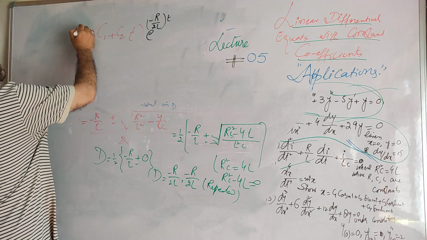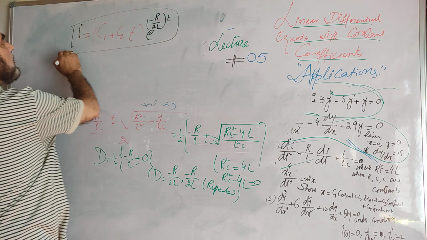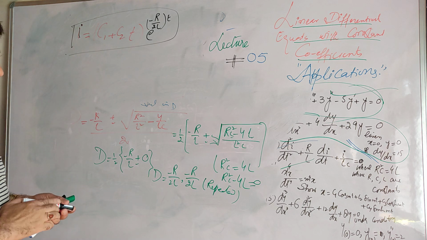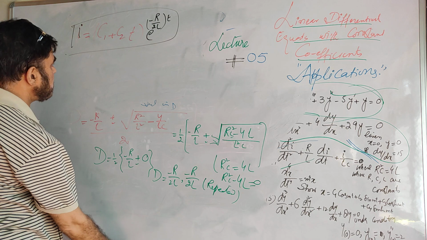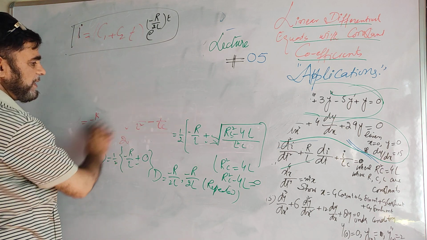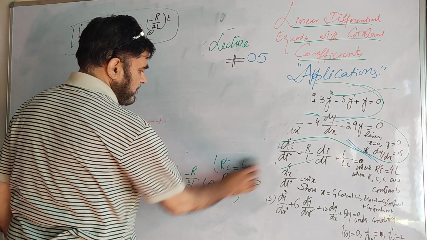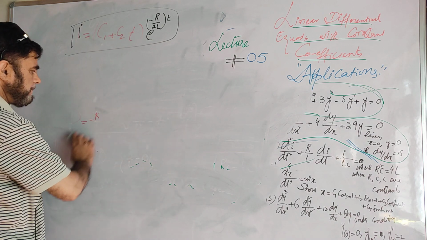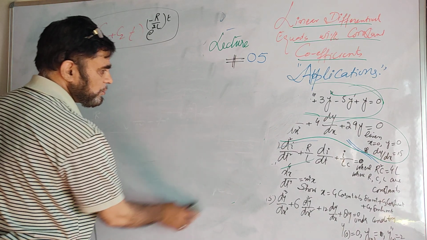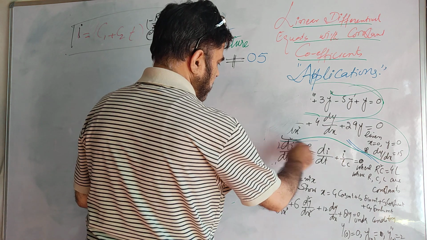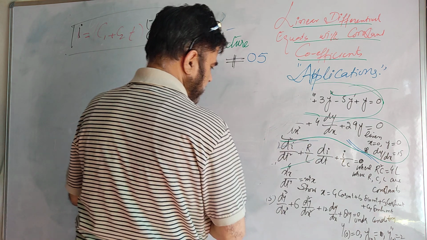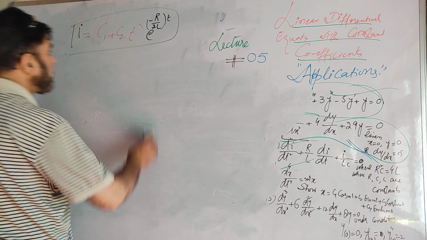So this is the solution of this differential equation. Because it had repeated roots, we have to introduce the constants this way. Our independent variable is t instead of x. This was this part. Let me take another.